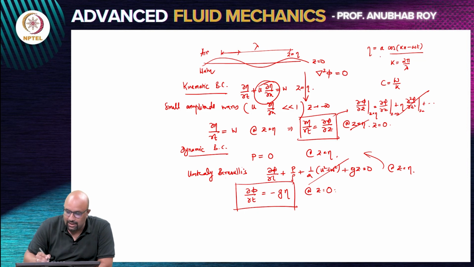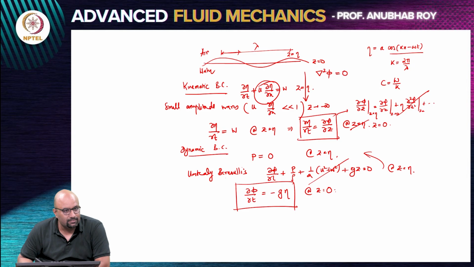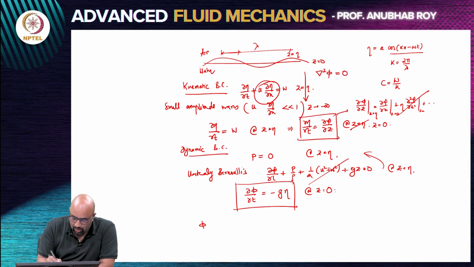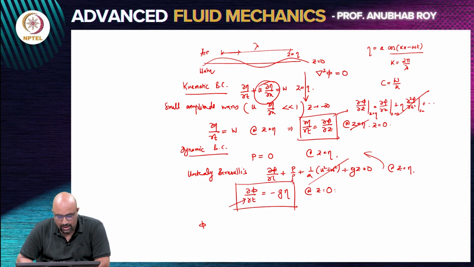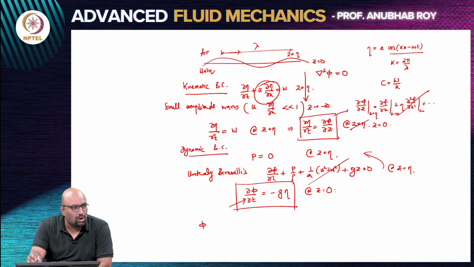Now I have assumed η to be a cos(kx minus ωt). Okay. Now if you look at this boundary condition, if η is cos(kx minus ωt), then what should be the dependence of φ on kx minus ωt? Should it be a cos or a sine? η is proportional to cos(kx minus ωt), and at the boundary ∂φ/∂t is proportional to or equal to minus gη.